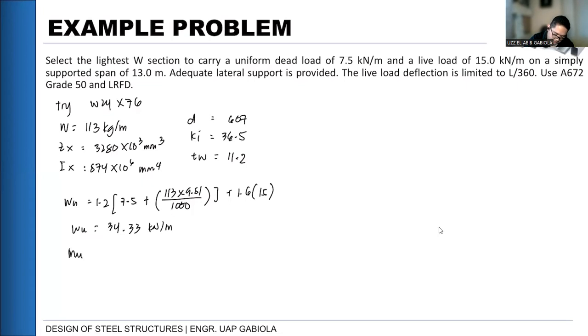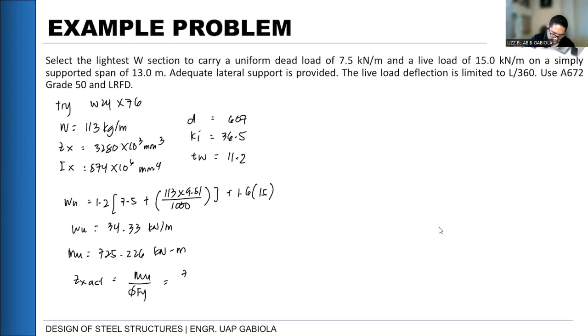So yung Mu natin, substitute na lang. Answer times 13 squared over 8, that is equals to 725.226 kilonewton meter. So yung Zx actual natin is equals to Mu over phi Fy.